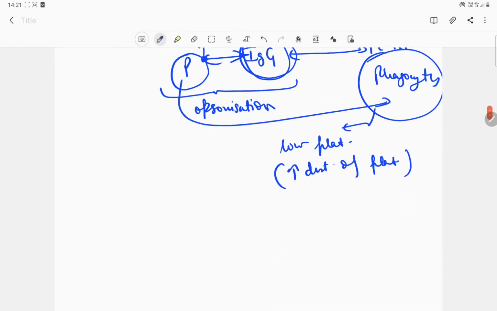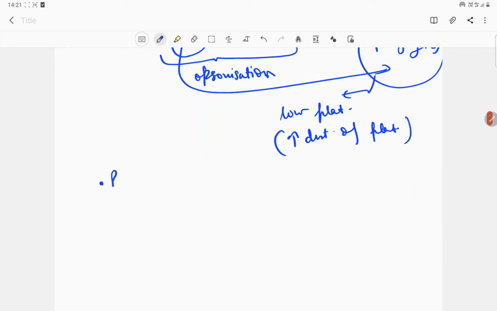The next thing is the PT, prothrombin time, and PTT. As you all know, these are the in vitro clotting tests which are used to find any disorder of the clotting process.